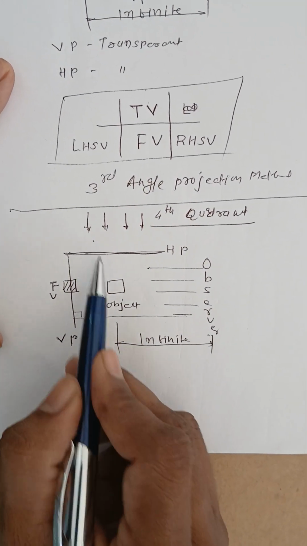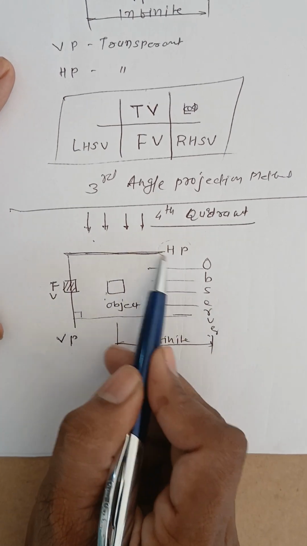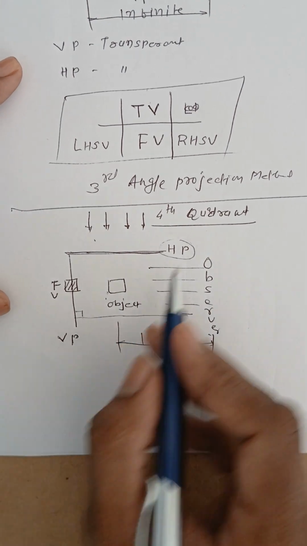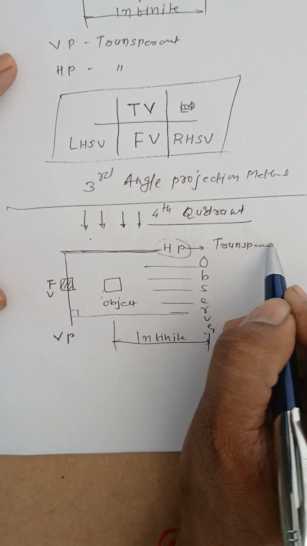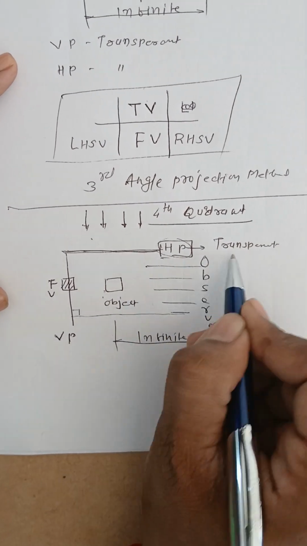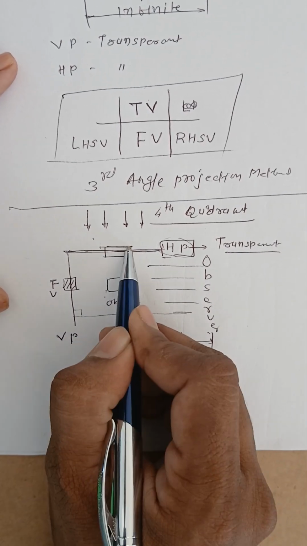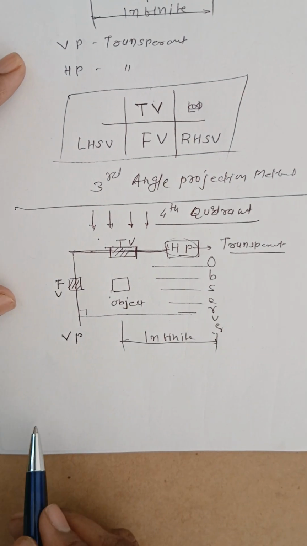Observer will able to see the object or not? Answer is no. Why? Because horizontal plane is in between observer and object. So we need to assume that horizontal plane is transparent. So if the horizontal plane is transparent, then on this transparent horizontal plane, object's top view is going to obtain.